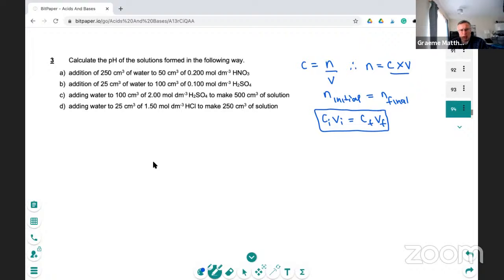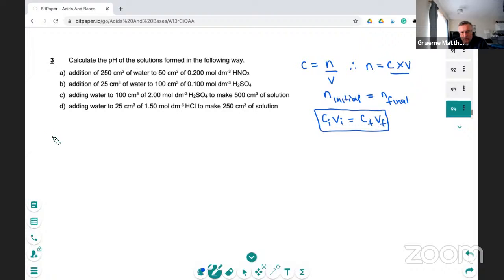Having said that, chemists, here we go. The calculated pH solution is formed the following way. Let's start off with A, and we'll do nitric acid again. Say I've got addition of 250 cubic centimeters of water to 50 cubic centimeters of 0.2 mole per decimeter cubed nitric acid.